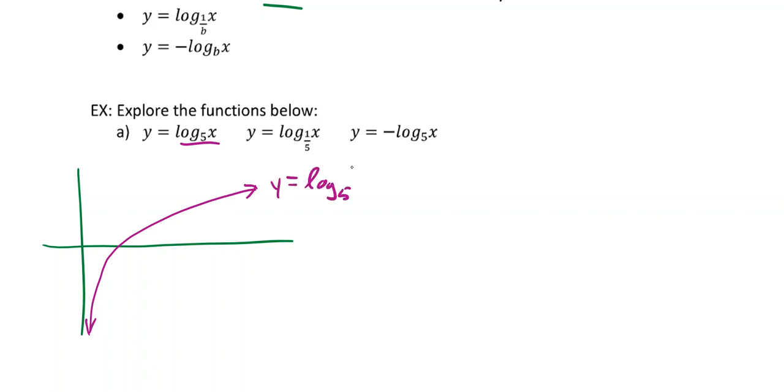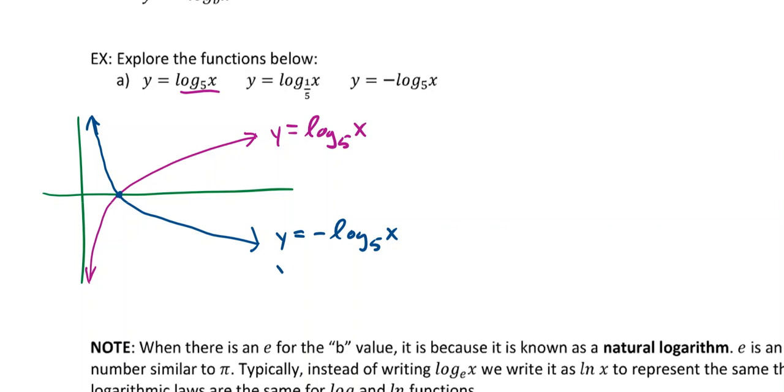And then the inverse would look like that, right? And I'm saying that y is equal to negative log base 5 of x would be the same thing as y is equal to log base 1 over 5 of x.